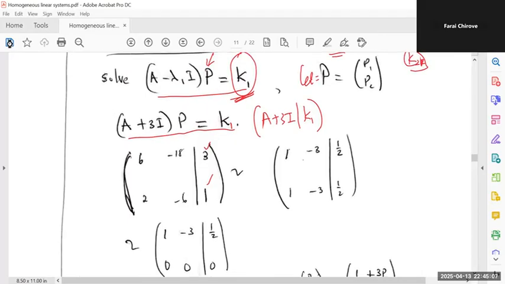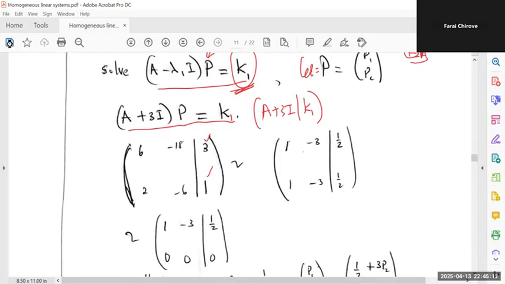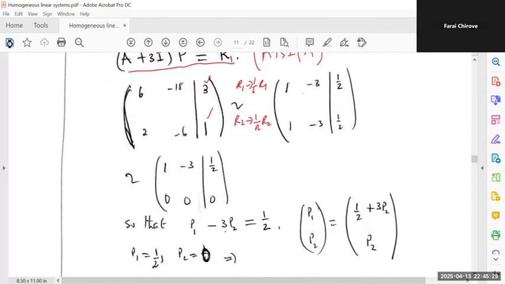So then we deal with the augmented matrix and we do our row operations. So here row 1 goes to 1 over 6 row 1 and row 2 goes to 1 over 2 row 2. So we got that. And all we do now is say row 2 should go to row 2 minus row 1.